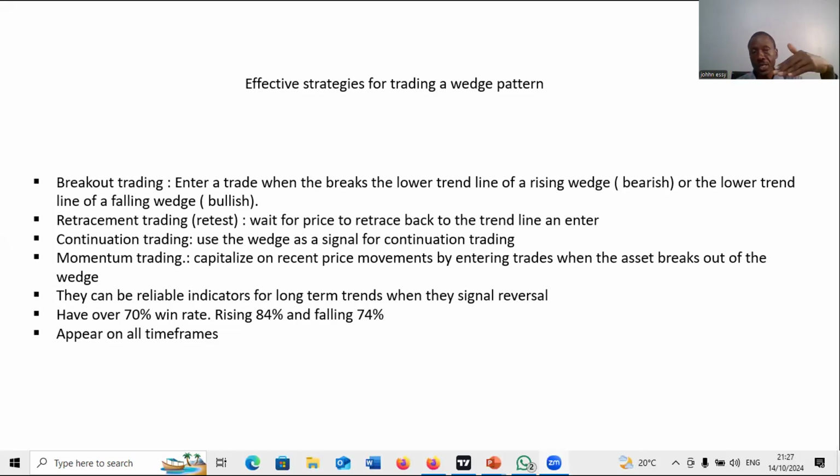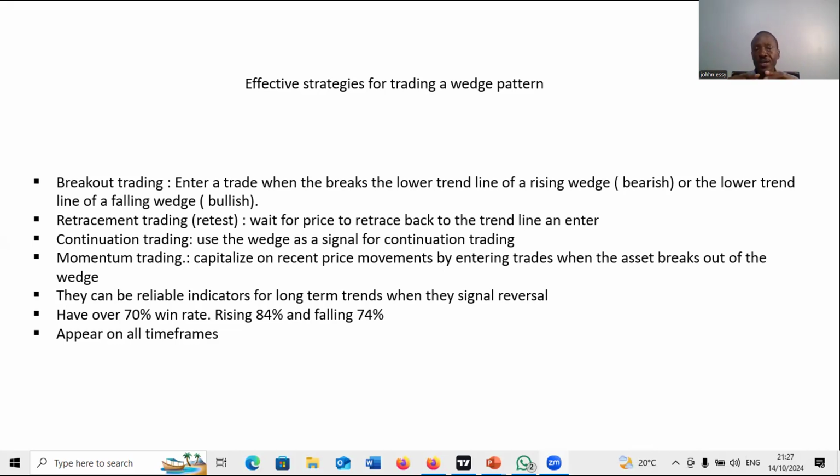And when you see a falling wedge on a downtrend, it shows you that we are going to have a bullish reversal. So a rising wedge on an uptrend gives us a bearish reversal. A falling wedge on a downtrend gives you a bullish reversal.